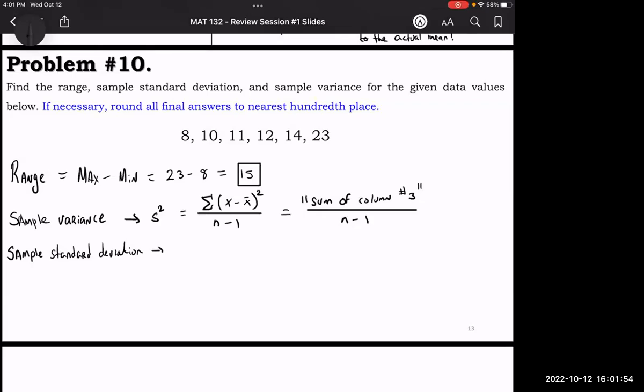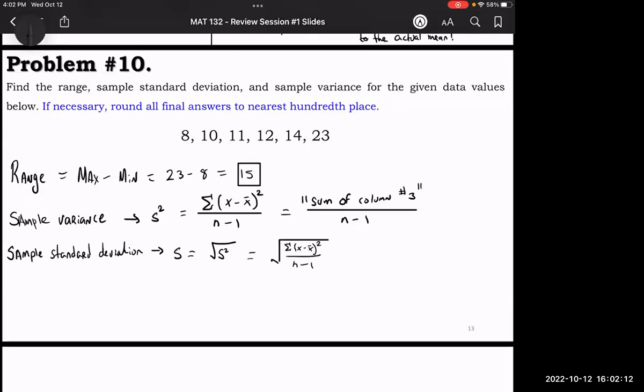For sample standard deviation, we say that S is equal to the square root of S squared, which means that you're taking the square root of that entire formula. You take the square root of the sum of X minus X bar squared over N minus 1.